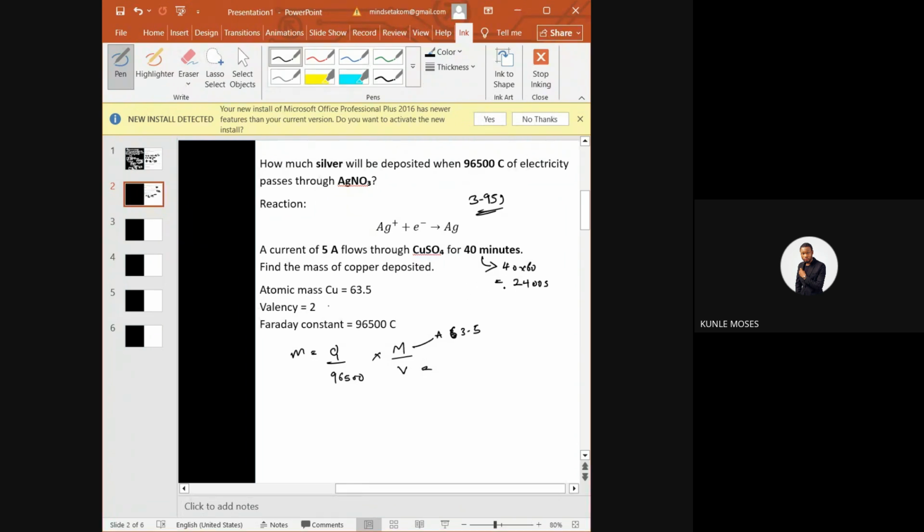Now, we've gotten the time to be 2,400 seconds. We have the current to be this. So Q equals I times T, isn't it? So our I is 5. That's 5 times 2,400, which is 12,000 coulombs, isn't it?